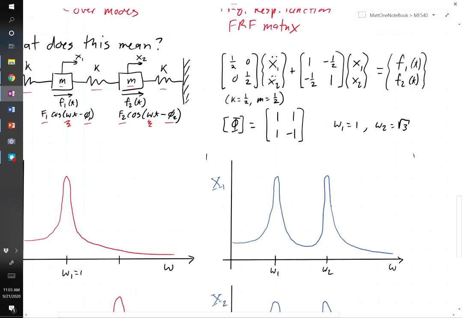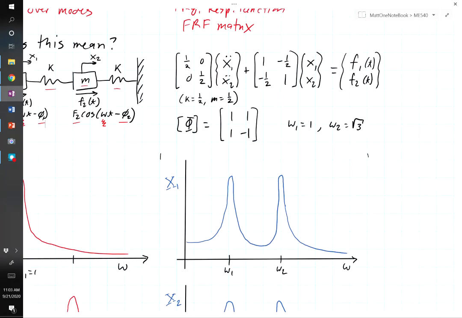And these are the equations of motion. Here I used m and k being 1/2 because it gives me this really nice mass normalized mass matrix. But the natural frequencies are still what we found when we saw this example before, 1 and square root of 3.